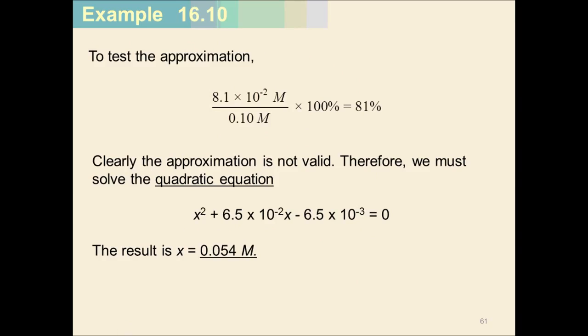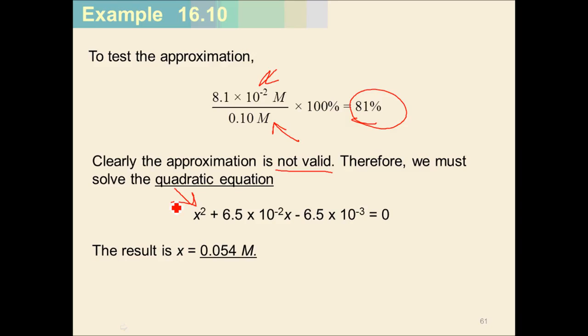On slide 61, is that valid? No. When we take 8 times 10 to the minus second divided by our 0.1 times 100, that's an 81% approximation. That is not valid, so we must use the quadratic expression.